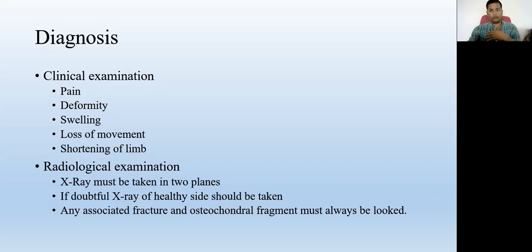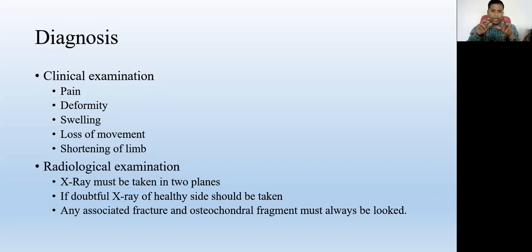In any joint, suppose in the shoulder joint, if the joint is dislocated anteriorly without downward movement, you cannot clearly say that there is a dislocation with the AP view. You must take an oblique view or the lateral view. Understand?